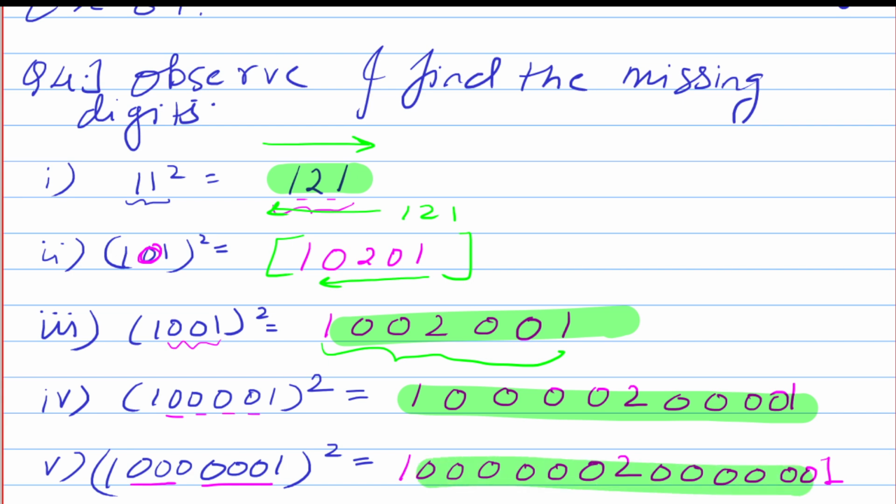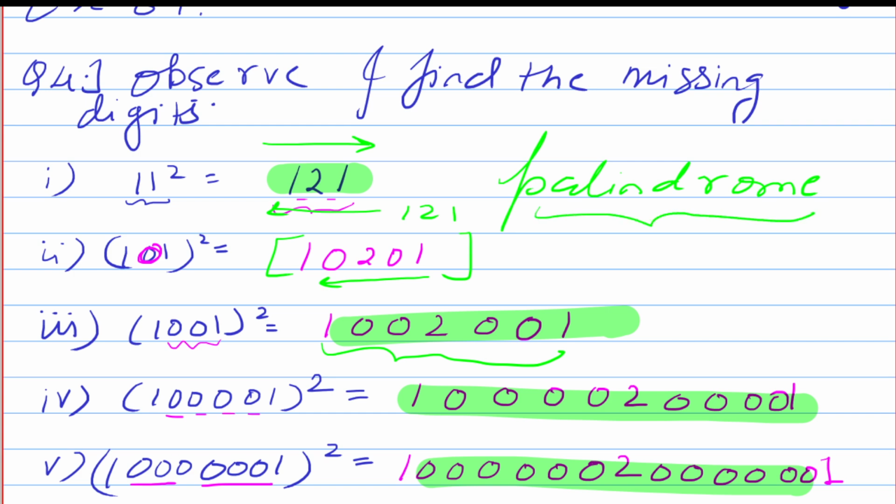Such numbers are called palindromes. Numbers or words also, actually, not necessarily only numbers, but since we are discussing numbers over here. A number or a word which, no matter which direction you read it in, you get the same number or word, is known as a palindrome.